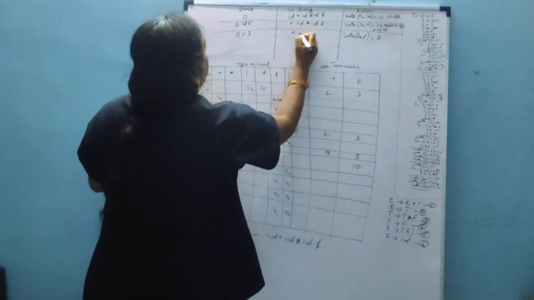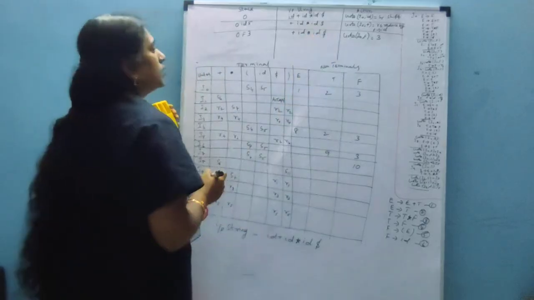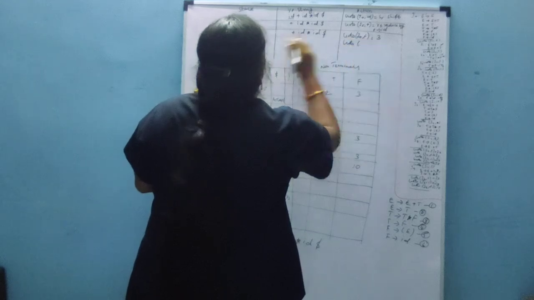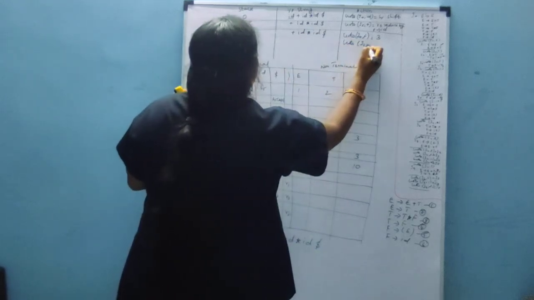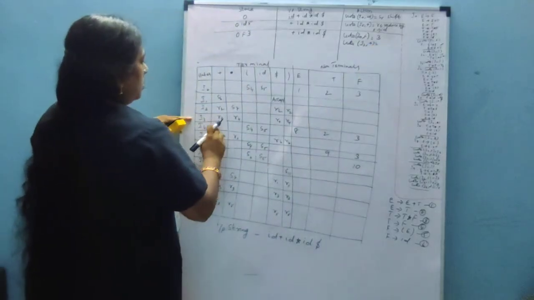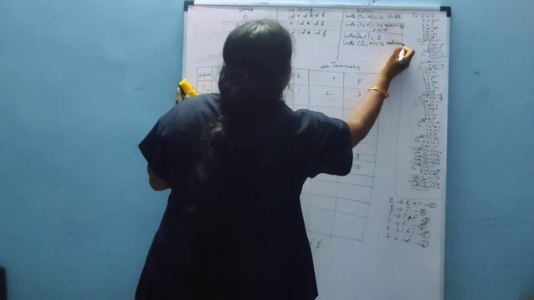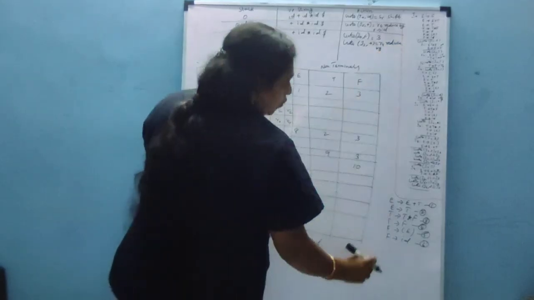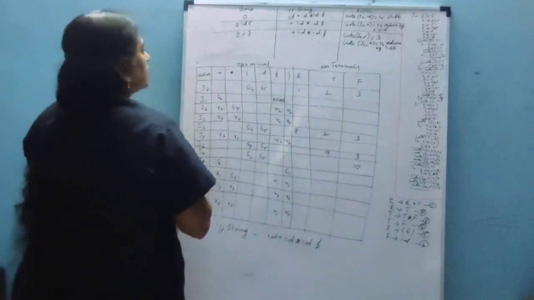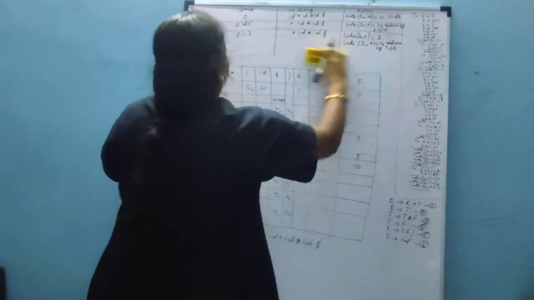Then now the input value is star id dollar. Now go to I3 comma plus, I3 comma plus, R4. So reduce by R4, T tends to F.